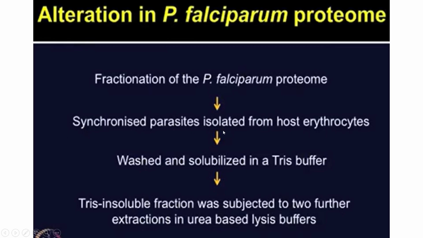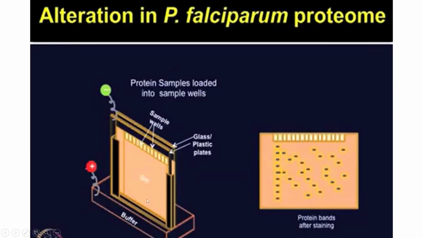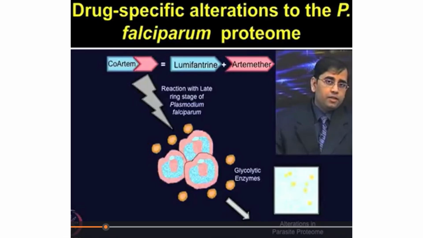So synchronized parasites are isolated from host erythrocytes. As you know, RBC is the location where these specific parasites reside, and that's how malaria is caused. This is basically a protocol you need to follow while collecting the sample. Then they are loaded and separated by two-dimensional electrophoresis.